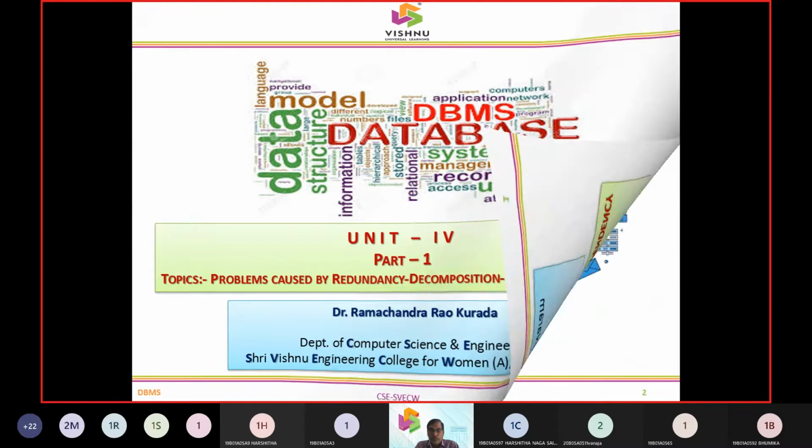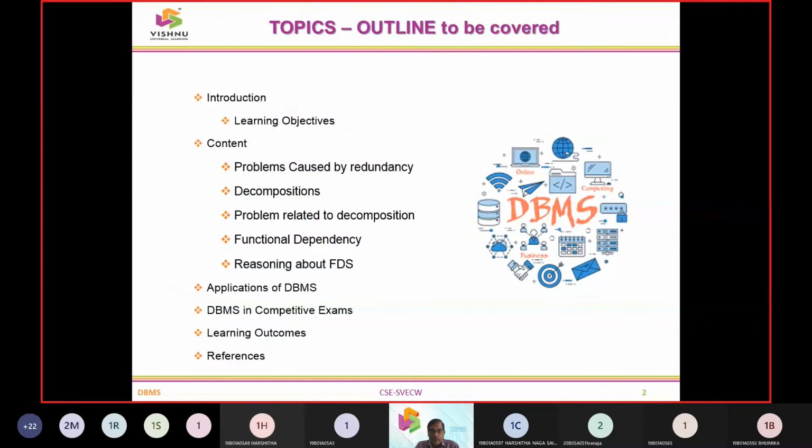In this unit 4, the key takeaway was to give you glimpses regarding redundancy, decomposition, and quite a huge way towards normalization. So that will be the outline.